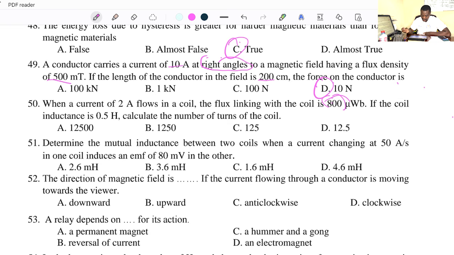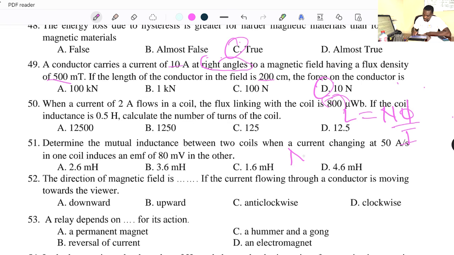So here again is a formula that we are to use, to find the number of turns. So how do I get this here? We know inductance is equal to number of turns times flux over current. So with this, we are making number of turns the subject.